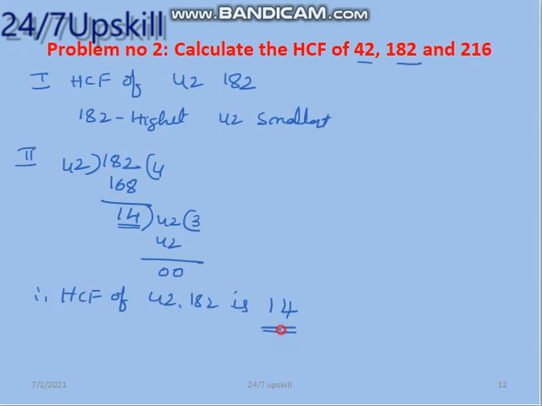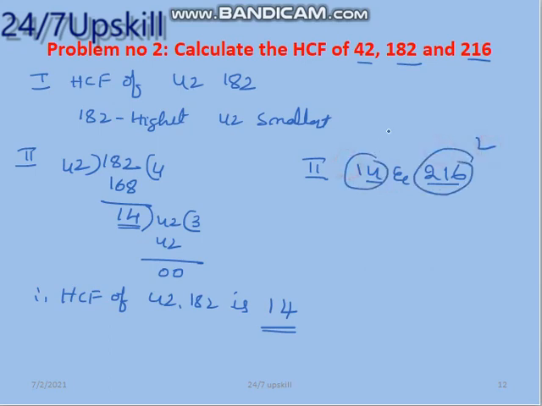Now, this will be compared with the other number, 216. In the next step, we can say it is again a second step for the situation when three numbers are given. We need to calculate the HCF of 14 and 216. In these two, which is largest? This is largest and this is smallest.